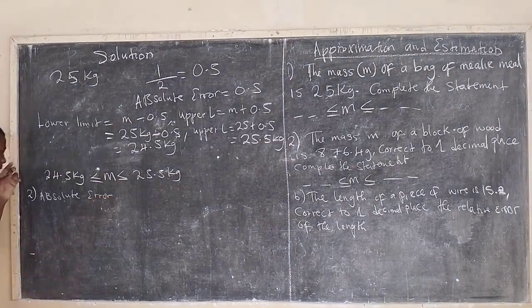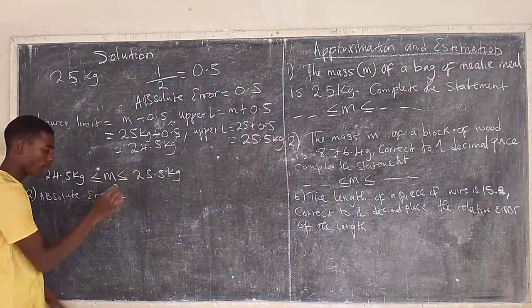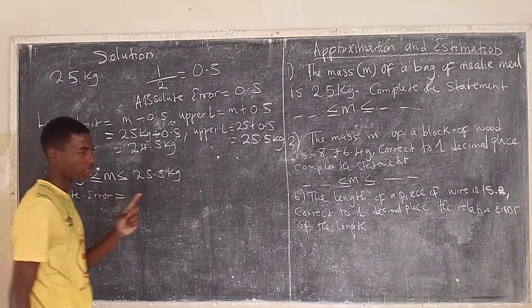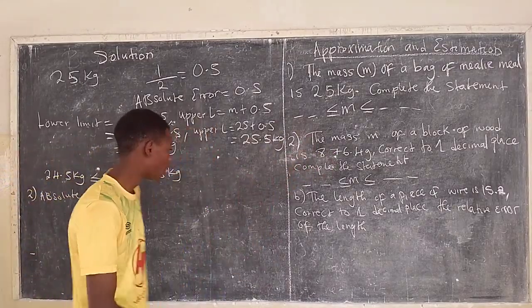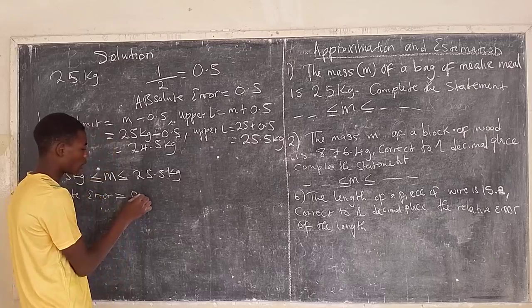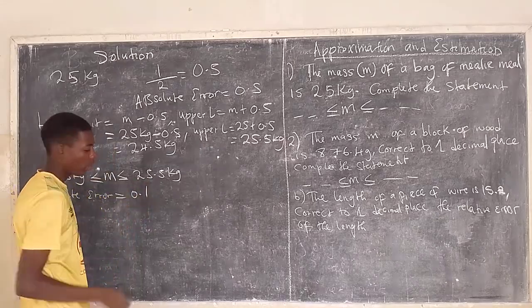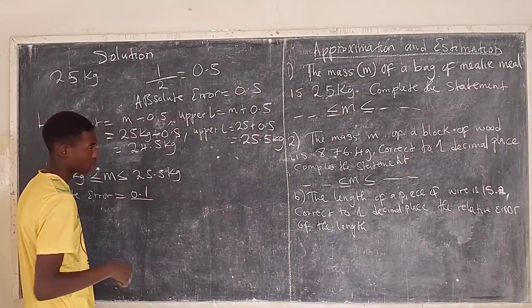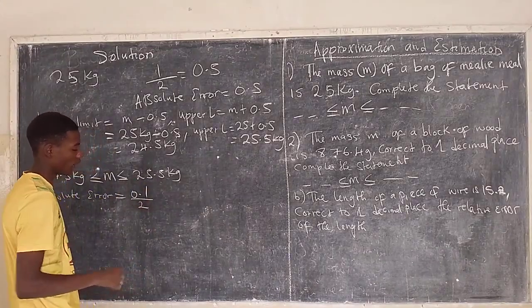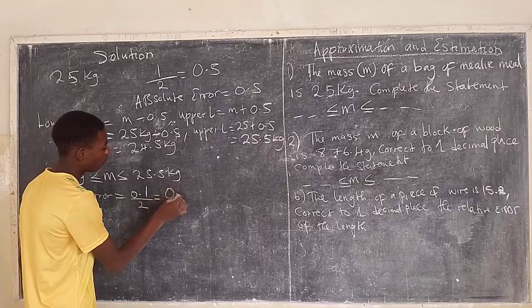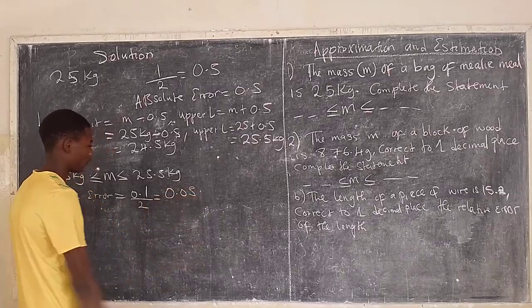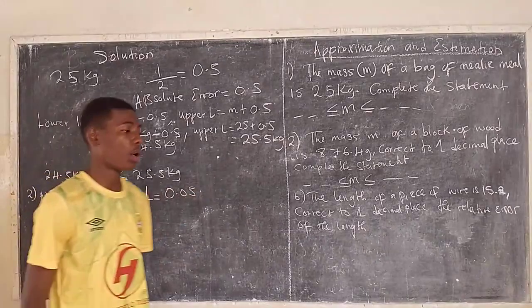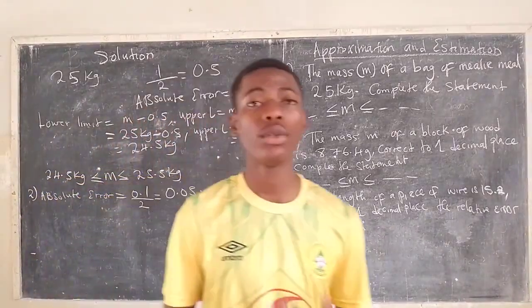The minimum division for a decimal point number is 0.1. Then we divide by 2. We always divide by 2. So we have 0.05. This is what we call our absolute error.